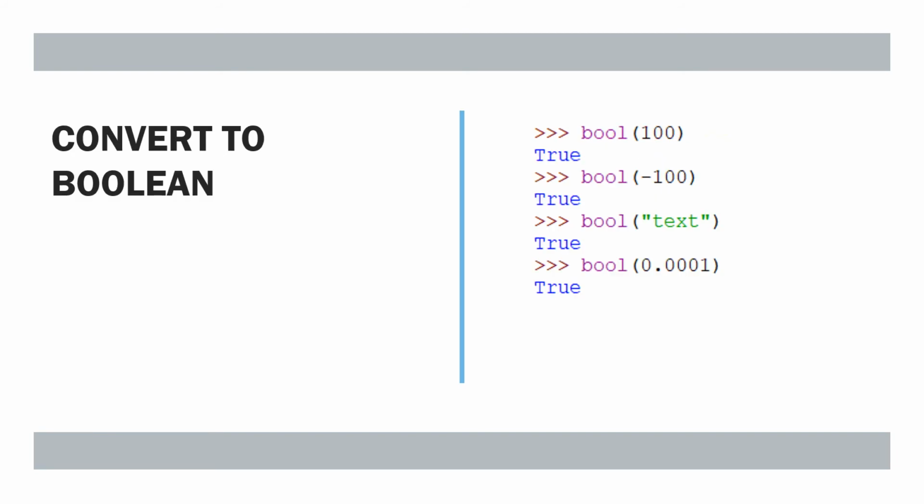We can convert other data types to Boolean. Any number or any text or any fraction, minus, plus, any length of string, these all count as true.